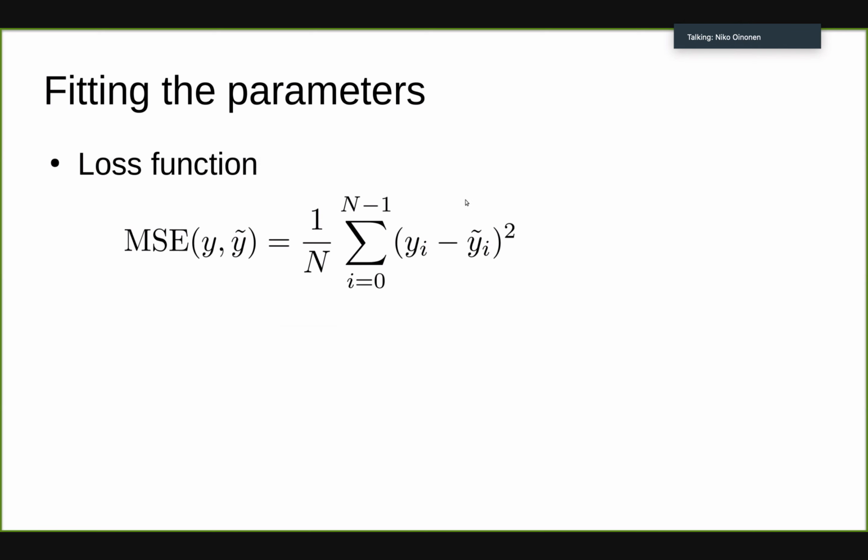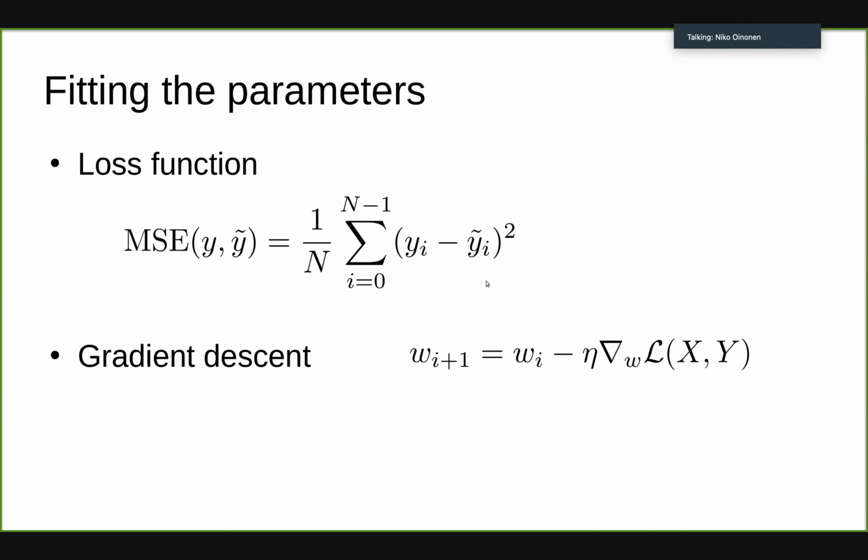So it's easy to see that if the prediction is exactly the same as the reference, then this loss is 0. And if it's anything different from the reference, then it's something bigger than 0. So what you want to do then, of course, is to minimize this loss function, make it as close to zero as possible. And the most often used way to do it is gradient descent.